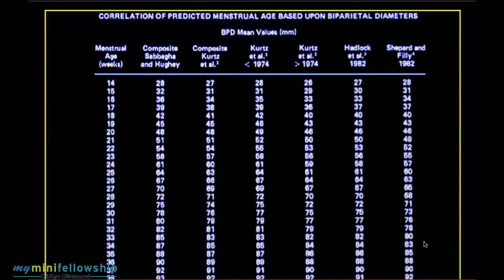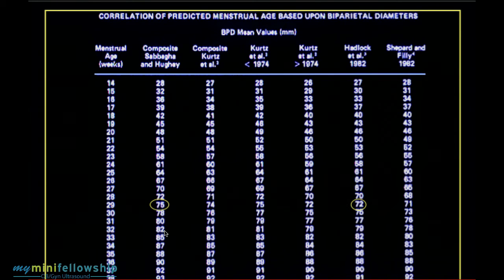And in fact, if you look on your machine, the probability is extraordinarily high that your manufacturer chose to adopt Hadlock's measurements as well. So you can see here that even biparietal diameters, by different well-known examiners, could have quite a bit of difference within the same gestational week.